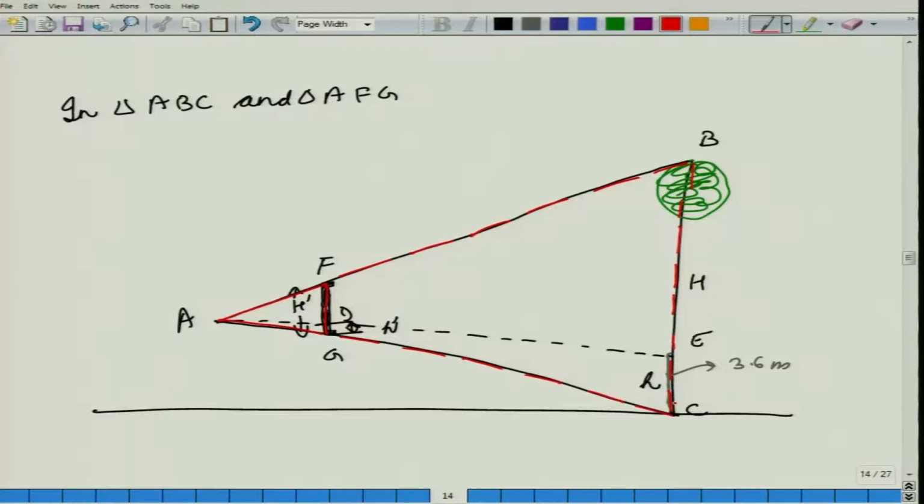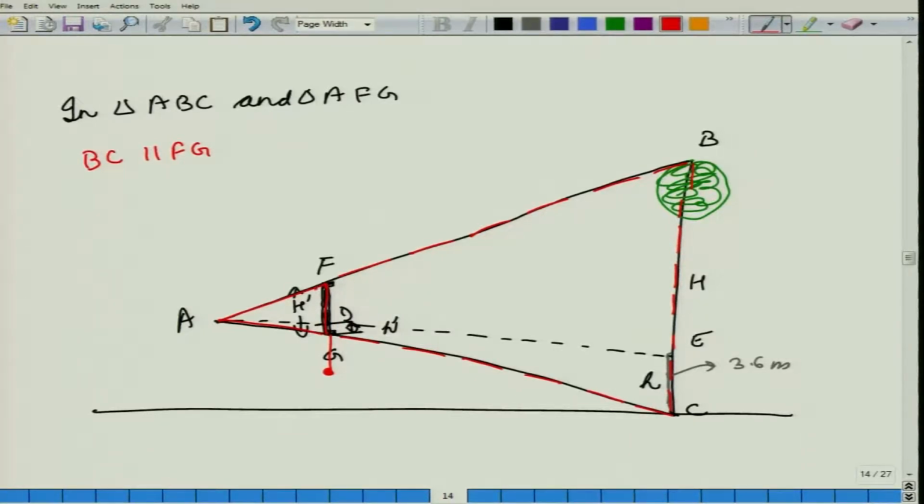So, in both these triangles we have that BC is parallel to FG because both of these are vertical to the ground, because your hypsometer is attached to a weight and this tree is growing vertically on top of the ground. So, both these sides BC and FG are parallel to each other.